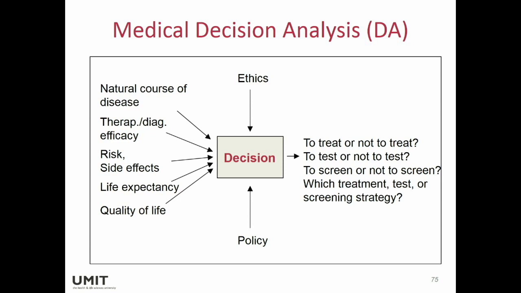And we can combine it now in our evaluation. We add the risks, so side effects, adverse events, life expectancy, and quality of life. This all feeds into our model, and we can calculate the expected outcomes.